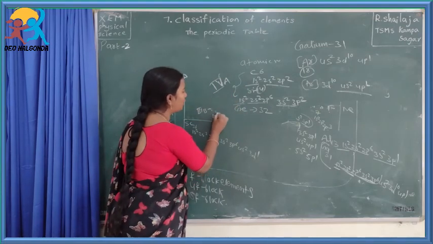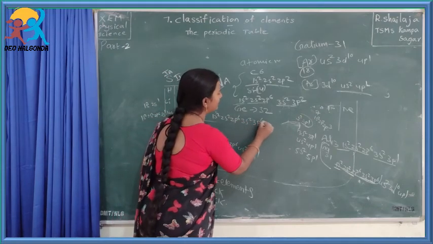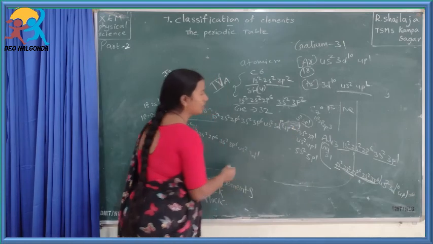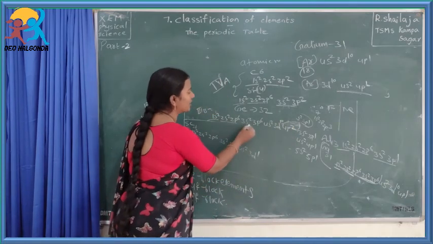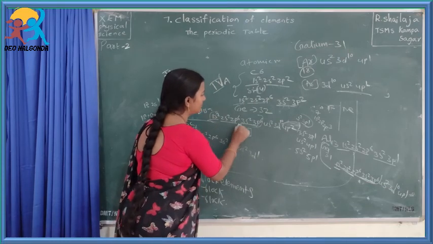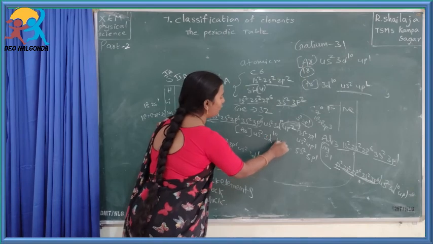Germanium, atomic number 32: 1s2 2s2 2p6 3s2 3p6 4s2 3d10 4p2. So first shell, second shell, third shell. This is argon. Then 4s2 3d10 4p2.